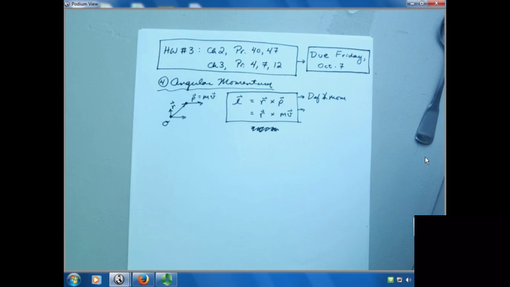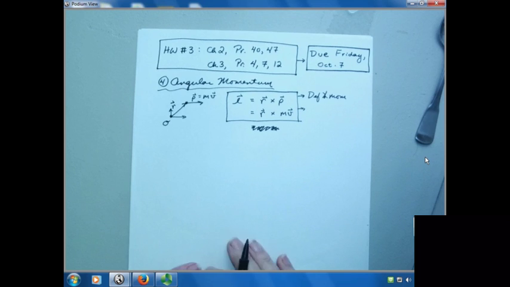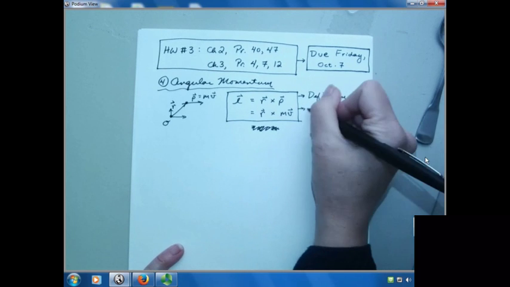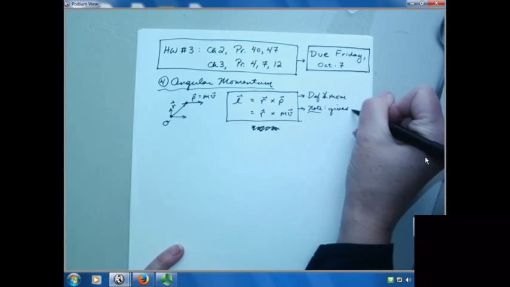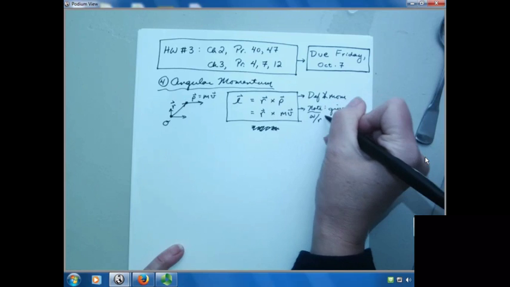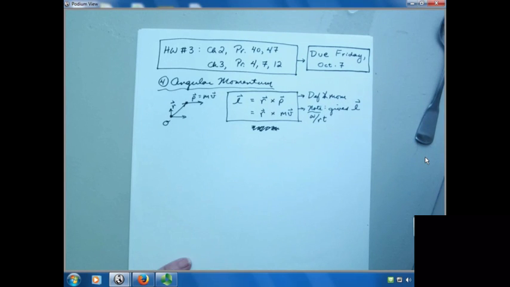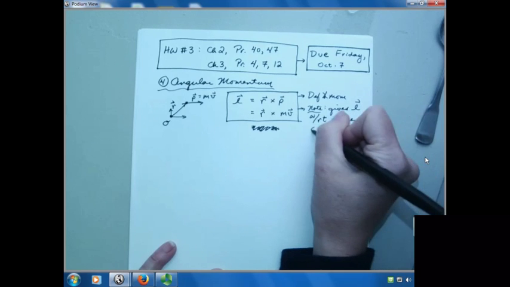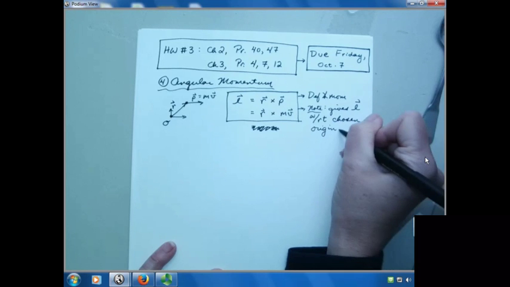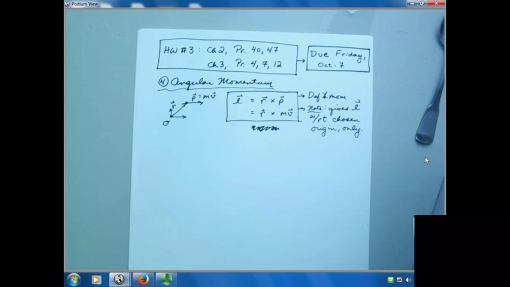So this expression gives us the value of l with respect to, w.r.t. is always going to stand for with respect to, the chosen origin, and only with respect to that origin. If you wanted to know its angular momentum with respect to some other location, you would have to choose your coordinate system differently. So the point about which you want to know your angular momentum is your new origin.